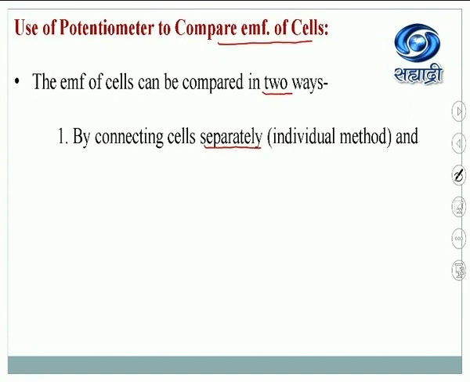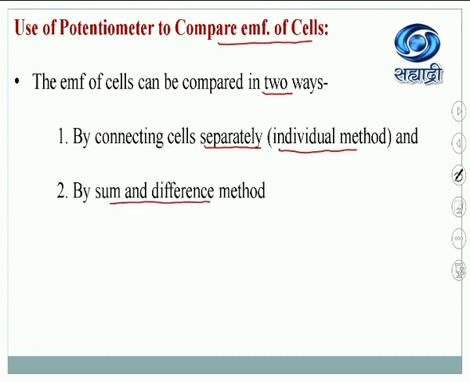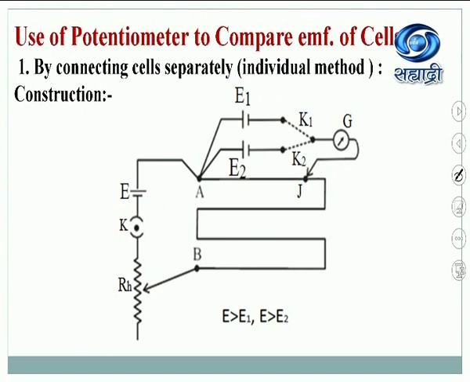Suppose we want to compare the EMF of two cells, we can connect them separately and compare the EMF of the two cells. This is called the individual method. Second, by the sum and difference method. We shall see how these two methods are used to compare the EMF of the cells.